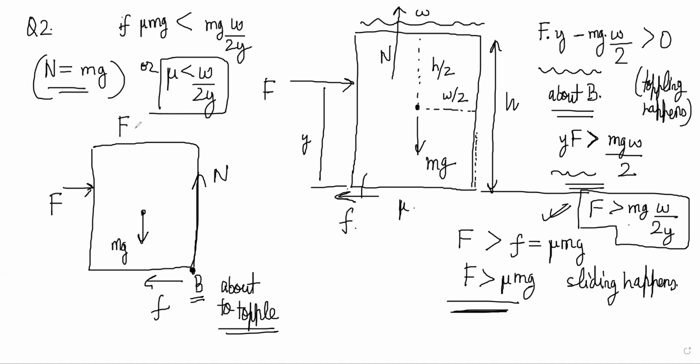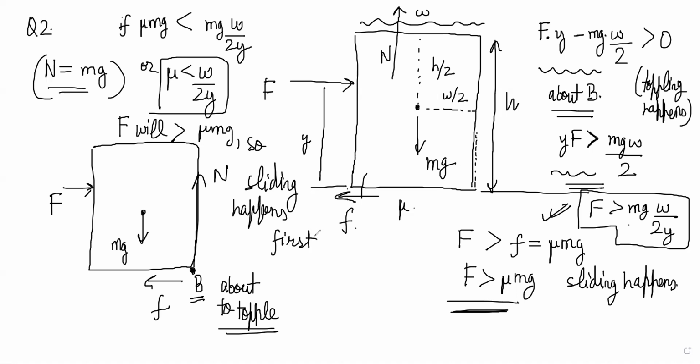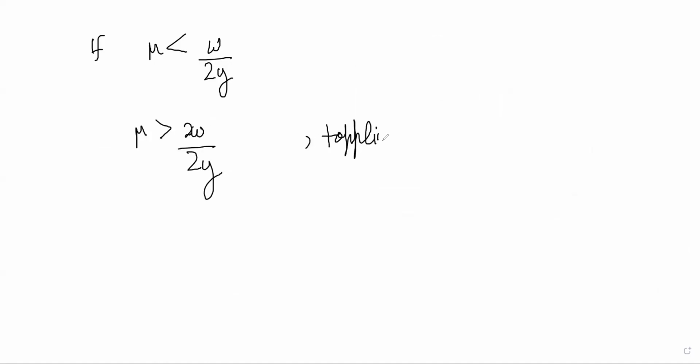Then F will be greater than mu mg. So sliding will happen first. Sliding happens first. So basically the conclusion is if mu is less than W by 2y, sliding will happen first. And if mu is greater than W by 2y, toppling happens first.